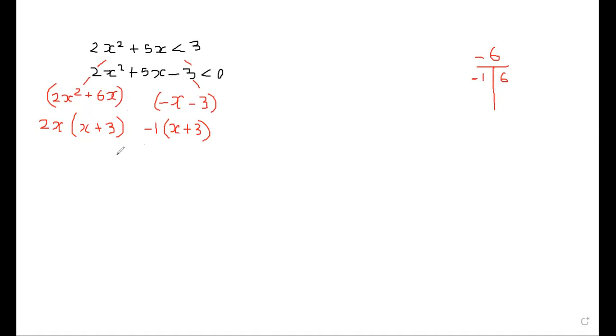Now you group them. You group this one with the negative one. So 2x minus 1 is one group. These are the outsides of the brackets. And the inside of the bracket has another group. So x plus 3, like that.